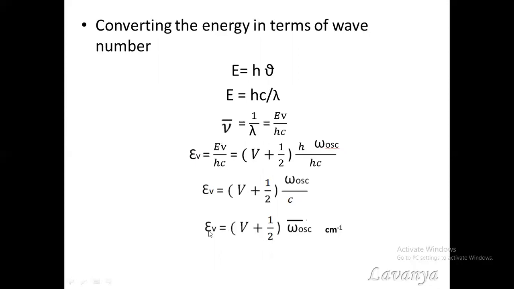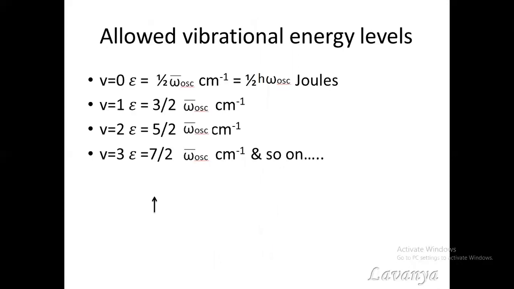So the epsilon v, which is represented in centimeter inverse, is equal to (v plus 1 by 2) omega bar oscillation in centimeter inverse. And this is the vibrational energy, the allowed vibrational energy levels of a molecule.